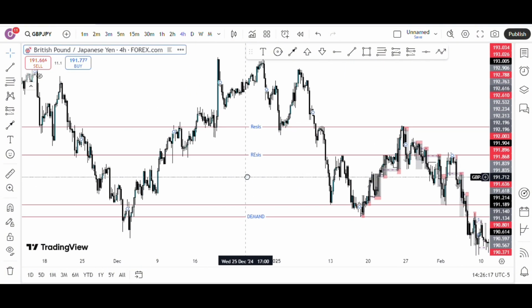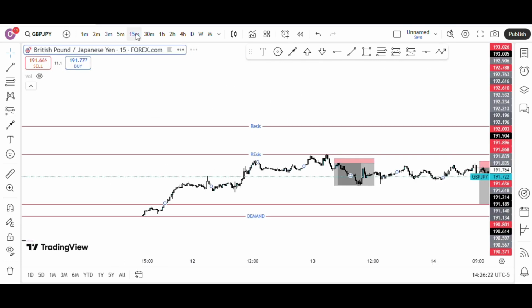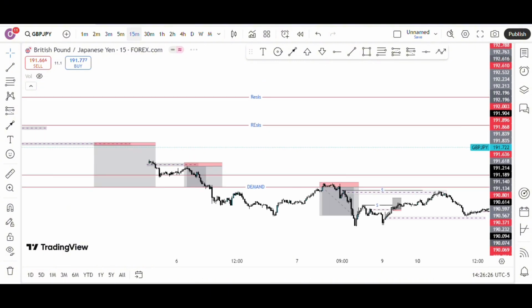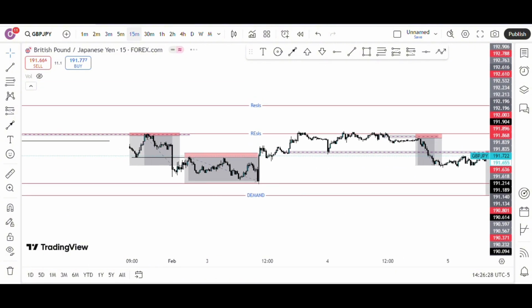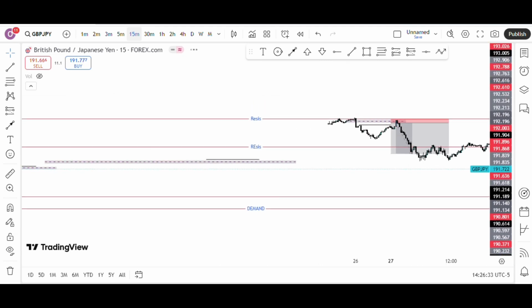So right now, what you need to do is to go over to 15 minutes. That is where you're going to be analyzing the charts and deciding where to take your trade. And you can see how massively we have been making good money from here.